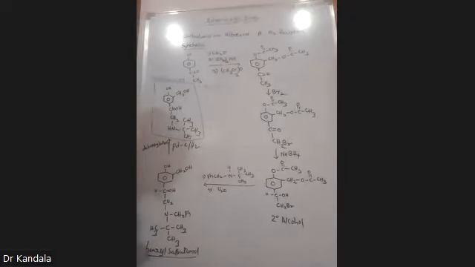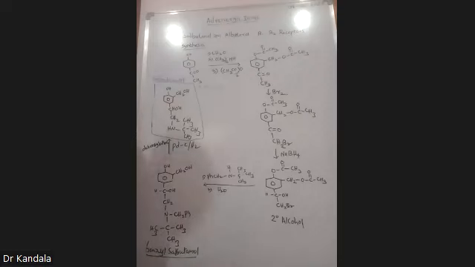The secondary alcohol is treated with benzyl tertiary butylamine followed by hydrolysis. We get benzyl salbutamol. Upon reduction with palladium carbon and debenzylation, we get salbutamol. So this is about the synthesis of salbutamol.